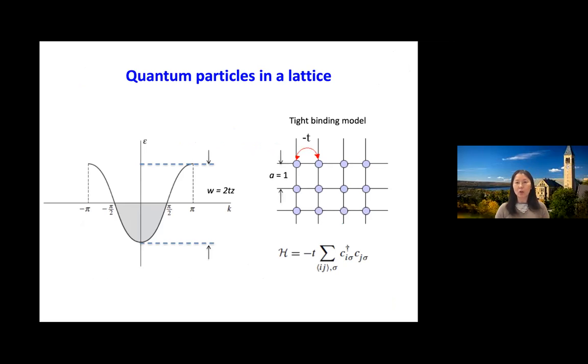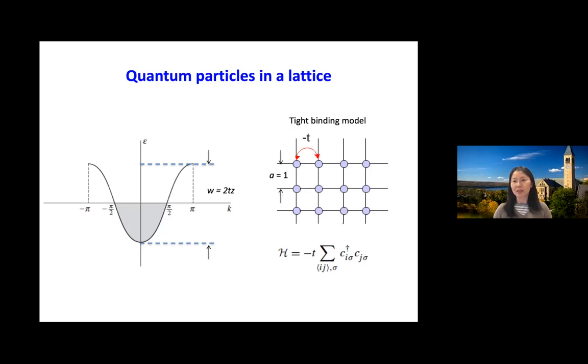According to the Pauli exclusion principle, there are two spin places for electrons. So for one electron per site, we get a half-filled band, and this is a metal, of course. And the conclusion does not depend on distance.